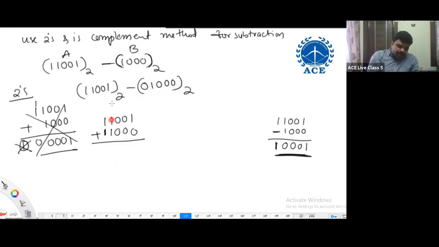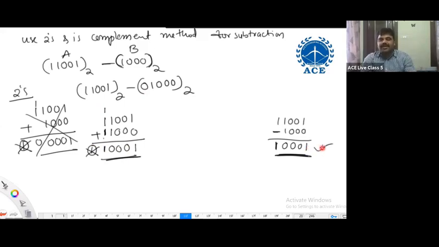Now A plus 2's complement of B. Right? 0, 0, 0, 1 and complement of 0 is 1. Now let me add: 1 plus 1 is 0, 1 is carry, 1 plus 1 plus 1 is 3, 1 is final carry. Now discarding carry, sum is the difference. Yes, that's what I'm expecting.